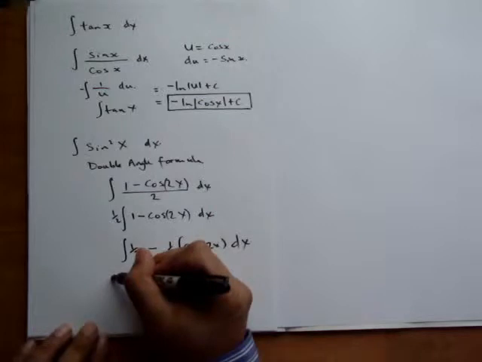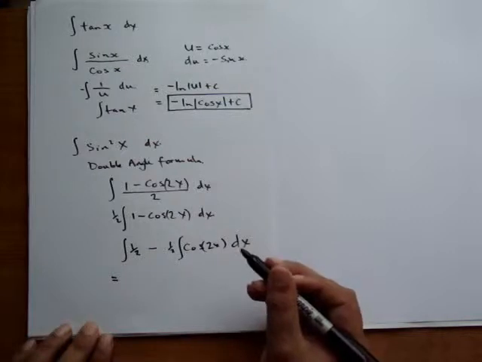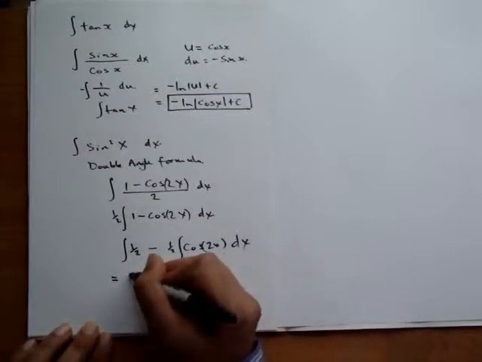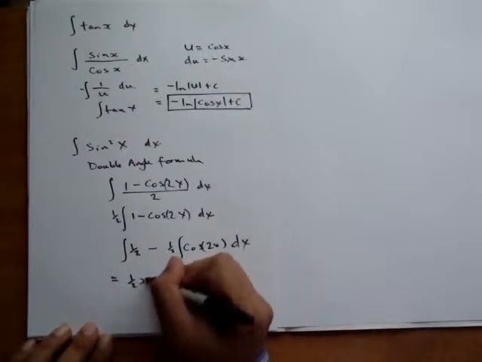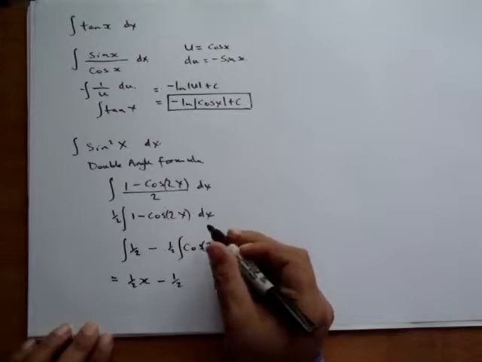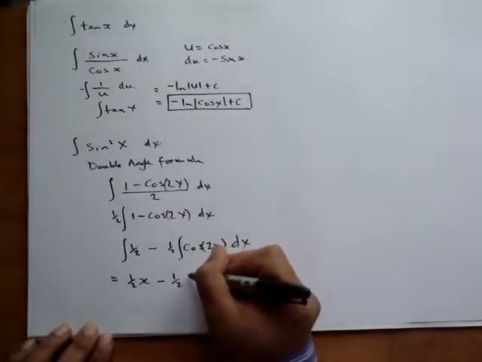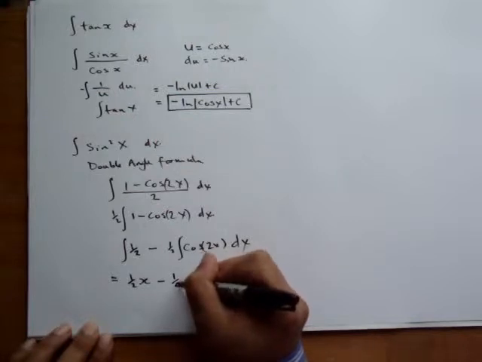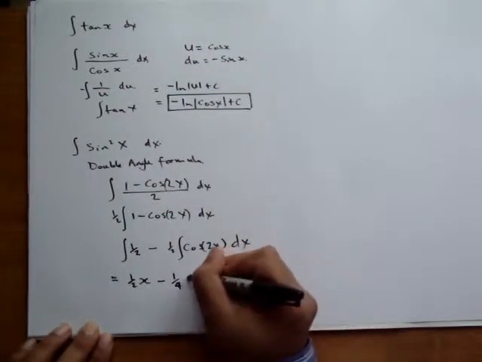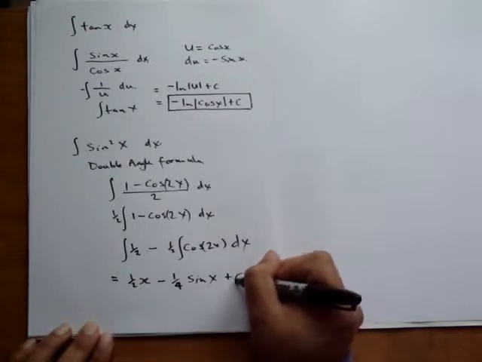So when we do the integration, this becomes a half x minus a quarter, and by u substitution this becomes minus a quarter sin 2x plus c.